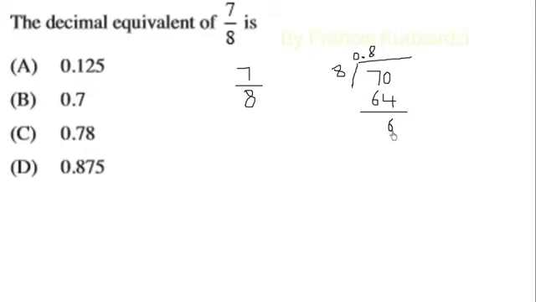8 into 6, it cannot go, so we still multiply this by 10. We brought the decimal point already, so we don't bring it again. Now 8 goes into 60 how many times? 7. Now 8 times 7 will be 56.